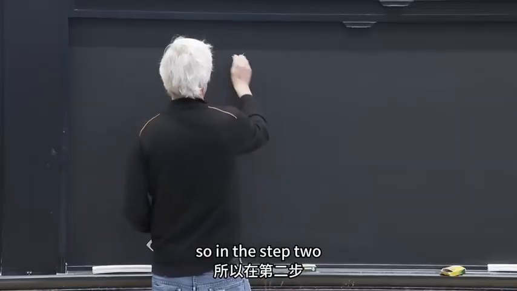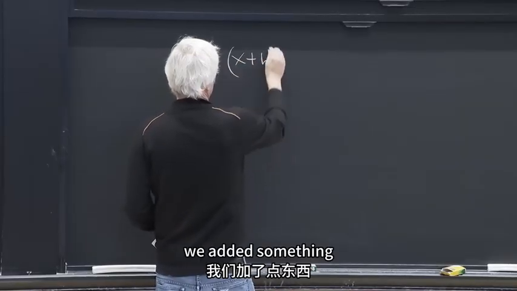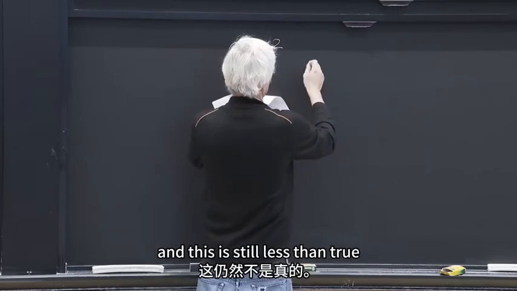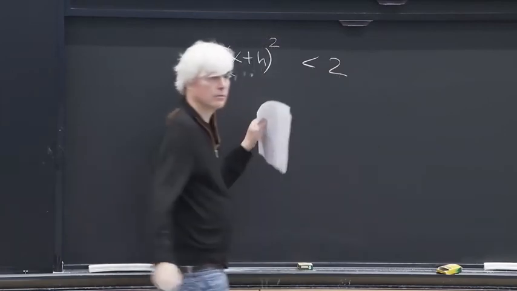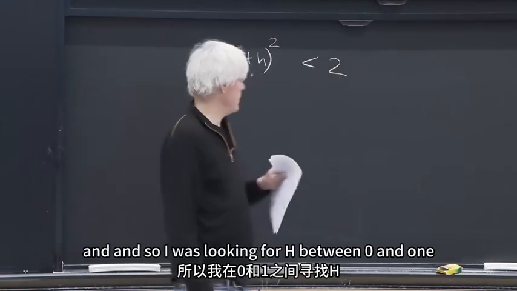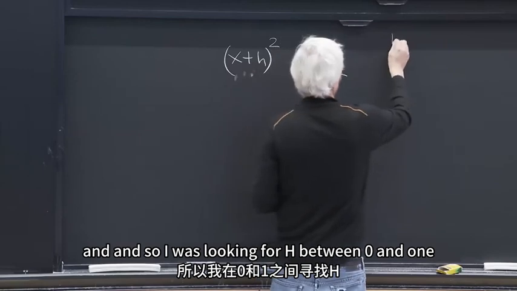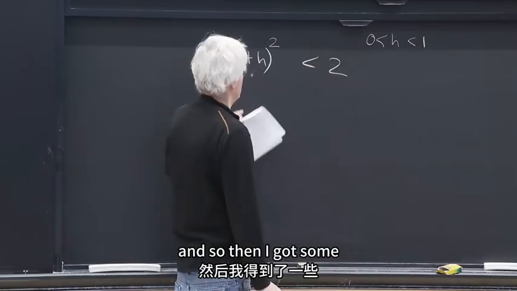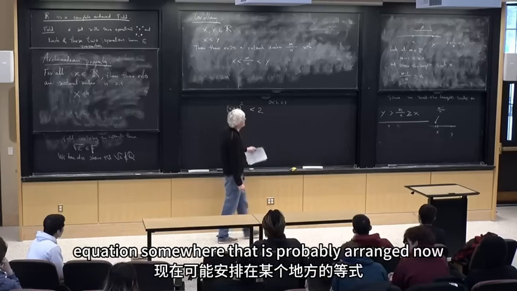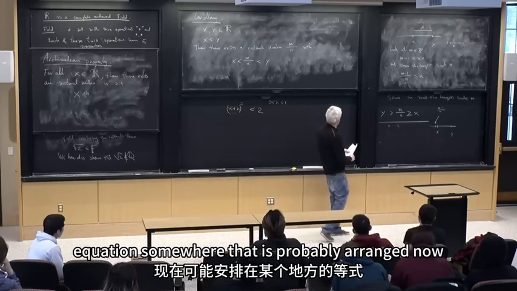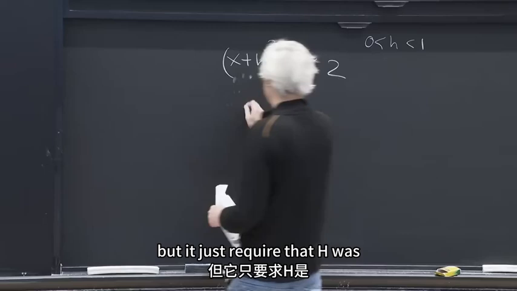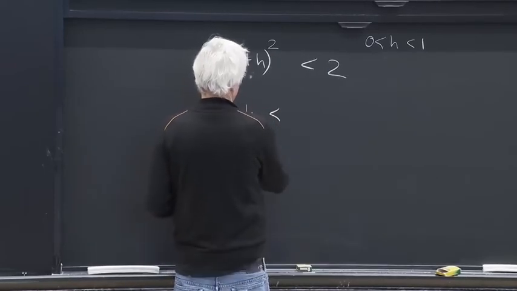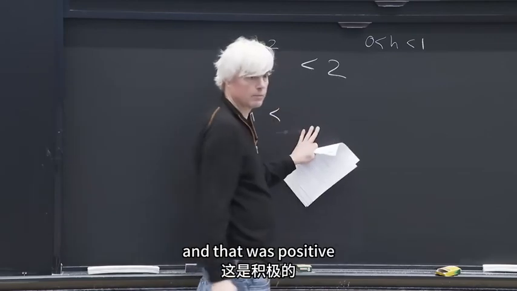In step 2, we added something, and we wanted to prove that this is still less than 2. So I was looking for h between 0 and 1. Then I got some equation, probably erased now, but it just requires that h be positive and less than something that was positive.